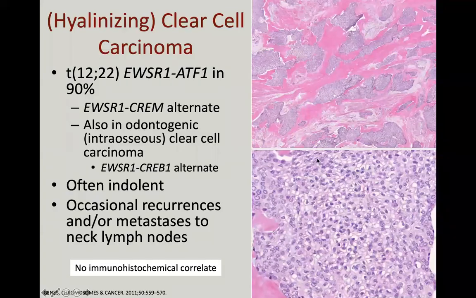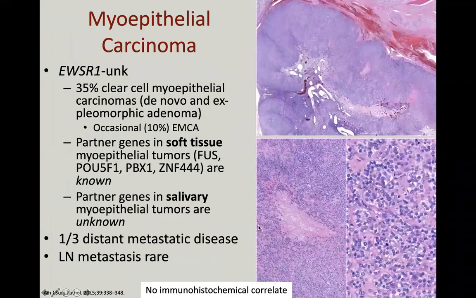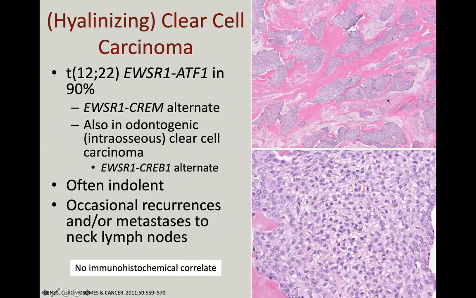So hyalinizing clear cell carcinoma is probably the one to have the EWSR1-ATF1 gene rearrangement in the vast majority of cases. Just remember that if you see a tumor that stains like a squamous cell carcinoma, right, P63, P40, high molecular weight keratin, but does not stain like a myoepithelial carcinoma, right, no SMA, no calponin, think of this tumor, right? So think of this tumor in the salivary glands.